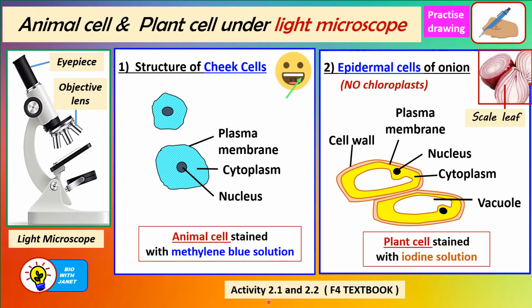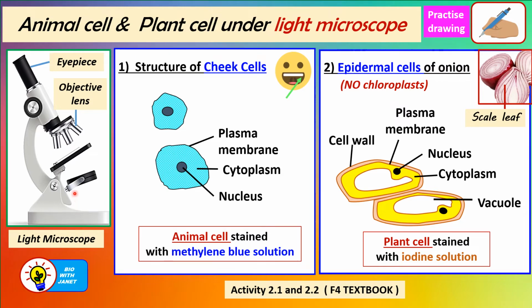Right, so in your textbook, there are two practical activities that you can carry out, activity 2.1 and 2.2, to prepare and then examine animal and plant cells under the light microscope. So this is an example of a light microscope. It has an eyepiece and then a few objective lenses of different power. And then here's the stage for you to put the slide. Then below it is the light source.